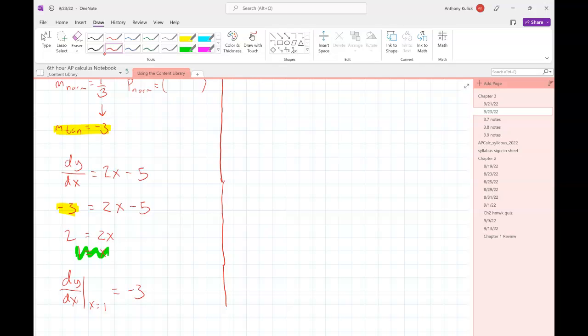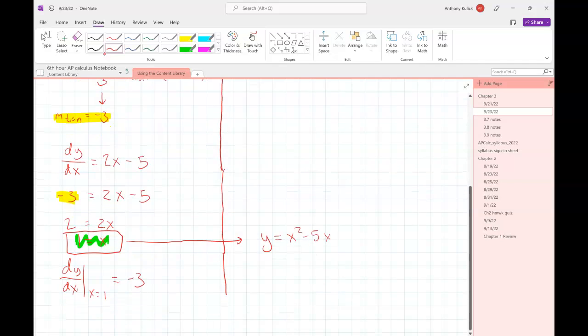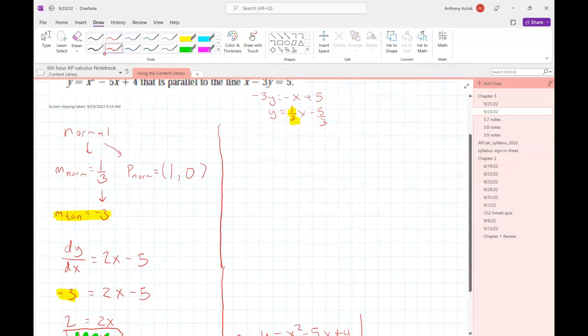So I can use this answer now and plug this into the original. What was the +4? So my normal, the point for my normal is going to be the point (1, 0).